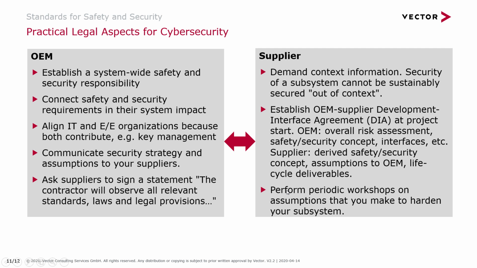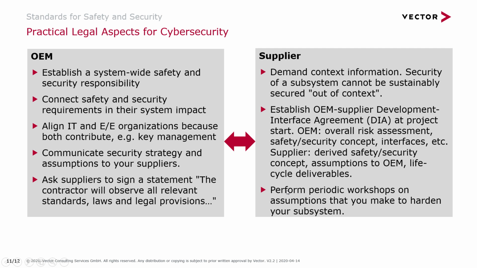Now, if we switch positions and we look towards supplier, then it's obvious that a supplier needs context information. This is not something we can do in isolation. Security out of context makes no sense. Security is a system perspective and needs inputs from an OEM. For the same reason, we need to have supplier OEM development interface agreement.